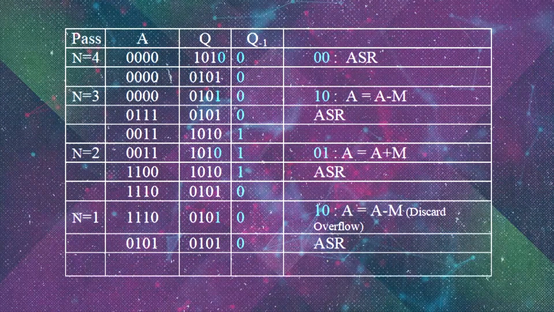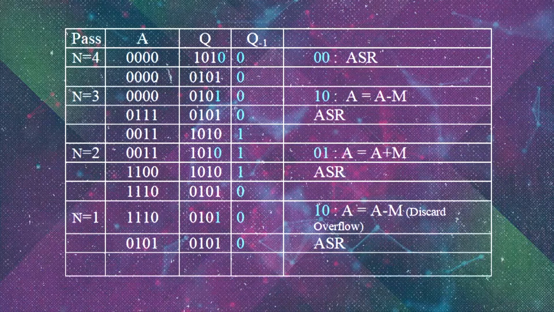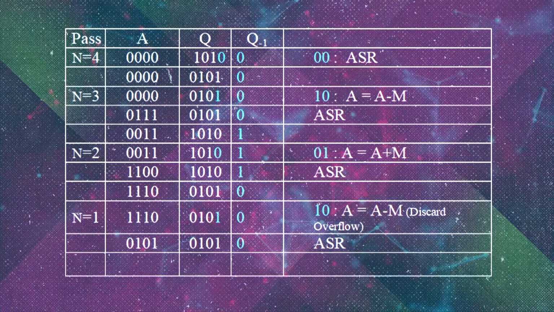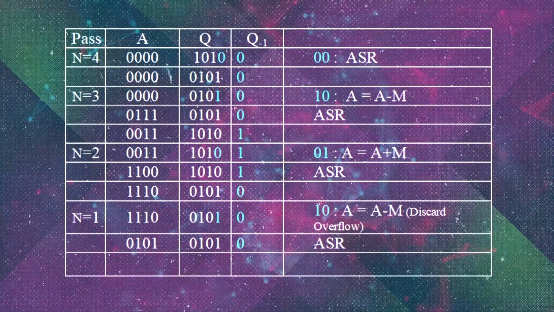Now, A equal to 0 1 0 1, Q equal to 0 1 0 1 and applying ASR we obtain AQ as 0 0 1 0 1 0 1 0.